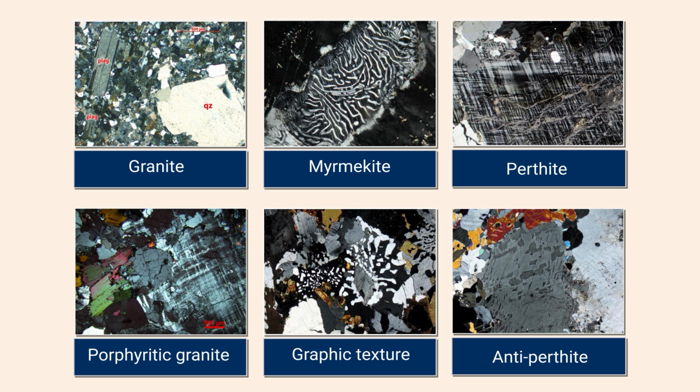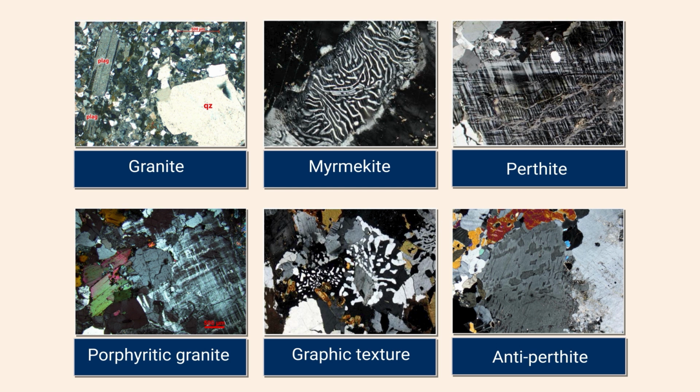Then below, we have the porphyritic granite where you can see the phenocrysts of plagioclase and quartz embedded in a fine grained matrix consisting of plagioclase feldspar, potash feldspar and quartz.